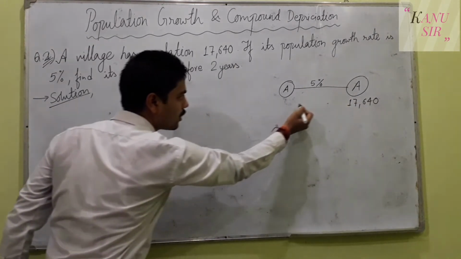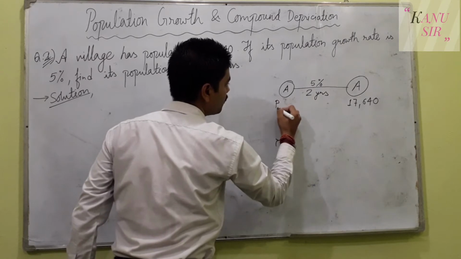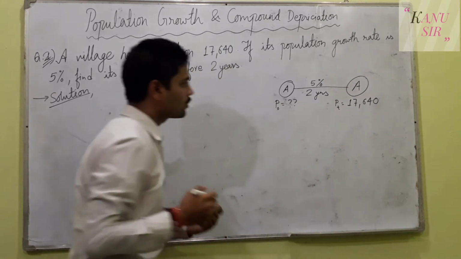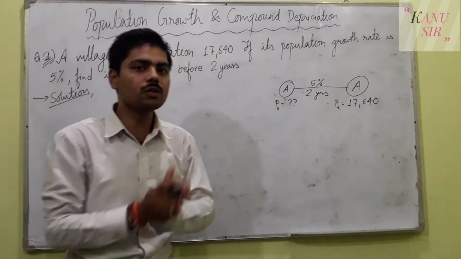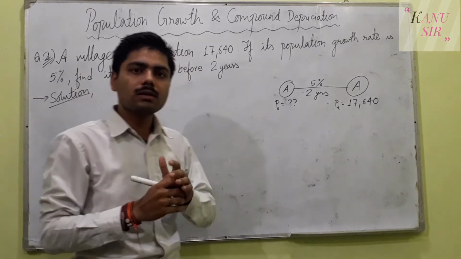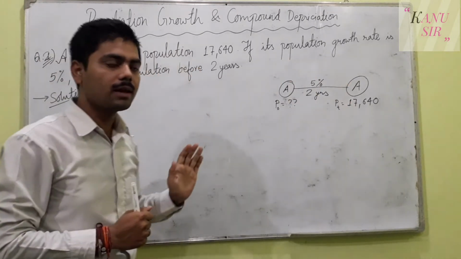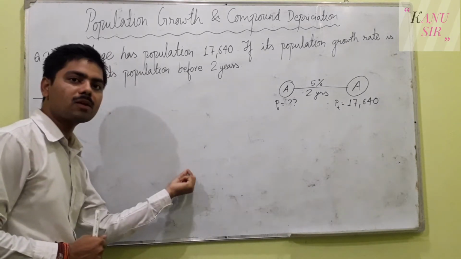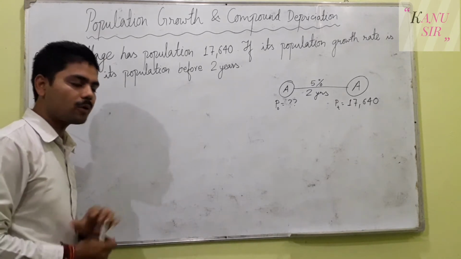Before 2 years means we have to come 2 years back, and we have to find P0 equal to what, and this is PT. The main point where most students get confused is this: in the first question I explained the relation between the present and future population, and I started the formula by writing the initial population as the present population and the next population as the future population.